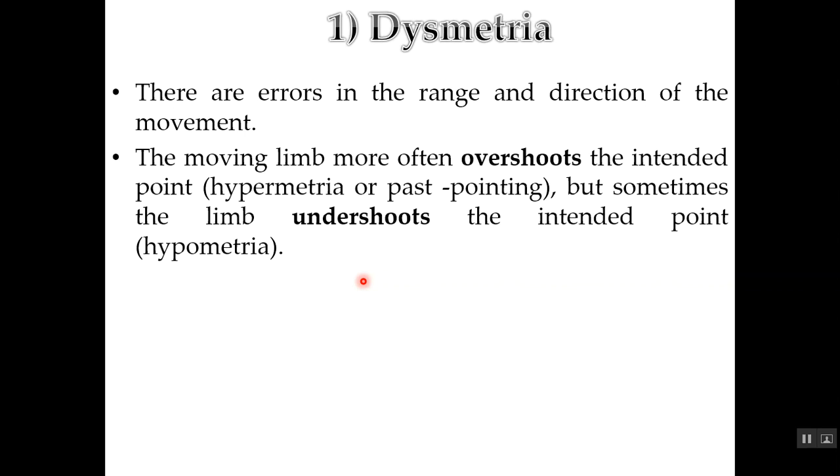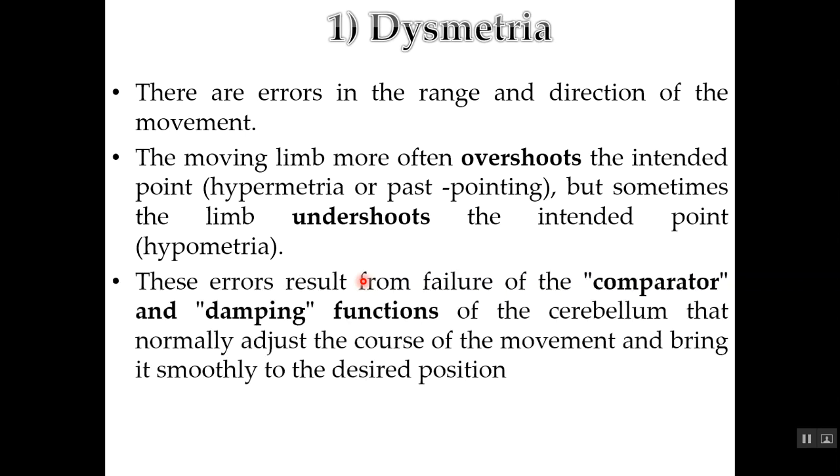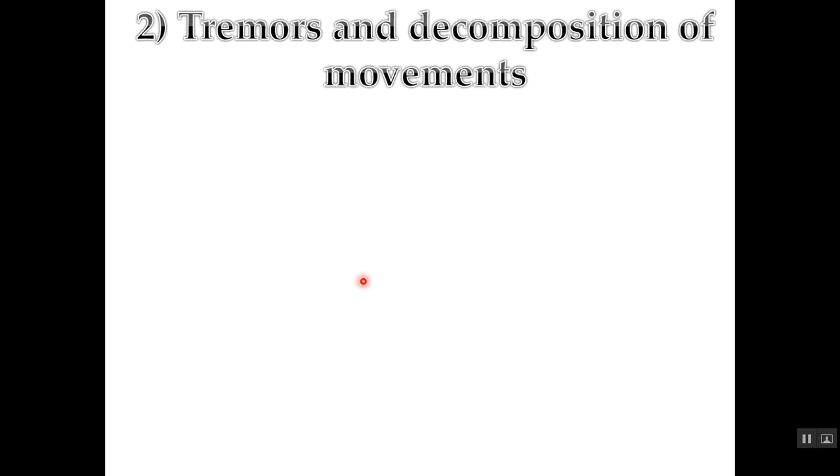Undershoot means stopping before reaching the target point. This error results from failure of the comparator function and damping function of the cerebellum, which normally adjusts the course of the movement and brings it smoothly to the intended point. This is dysmetria, the first sign.